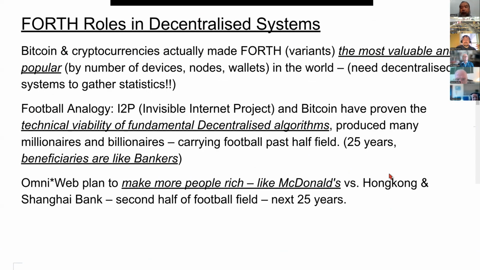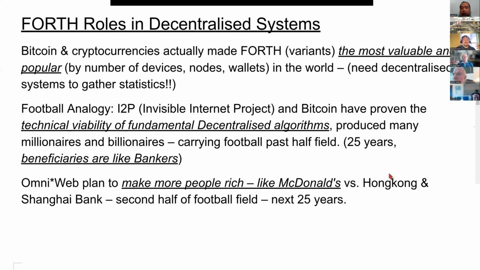Just to give the overview of what I plan to talk about, we may say that Bitcoin has made Forth or its variants the most valuable and popular programming language in the world, by the number of devices, wallets, and value. However, based on the number of programmers, it isn't so popular. So the next part of what we plan to do, hopefully, is change that.